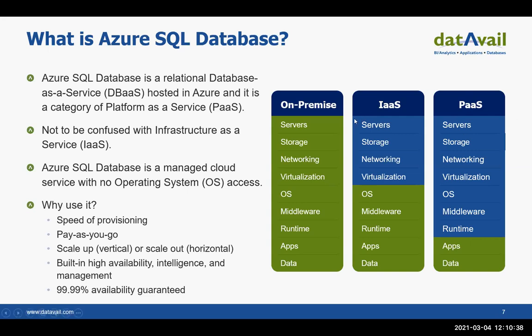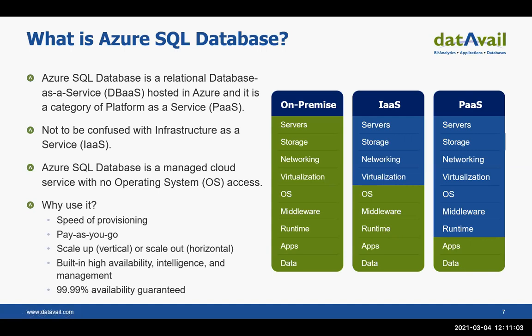In the diagram here, we have some comparisons between on-premises, IaaS, and PaaS. Remember, the blue sections are the ones that the cloud provider will be responsible for. The color green are the ones where you will be responsible.